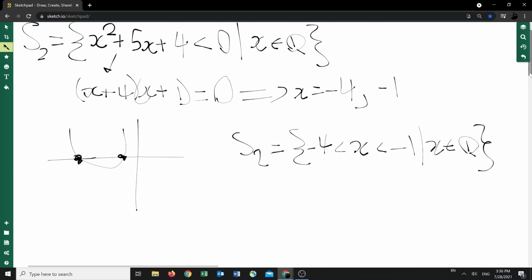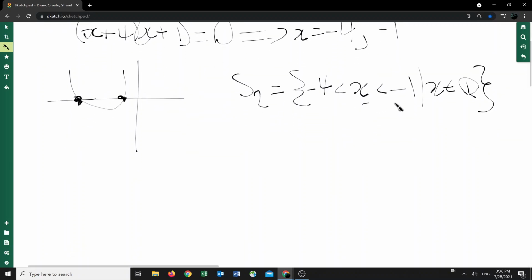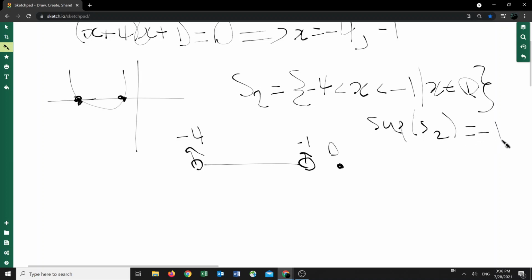Well, let's see. The supremum, let's start off with that. If we want to graph this a bit, just to get an idea of what we're doing here, let's say 0 is somewhere here, and this is -4, this is -1. And we want to show that the supremum of the set is -1, namely the sup of S2 is -1.